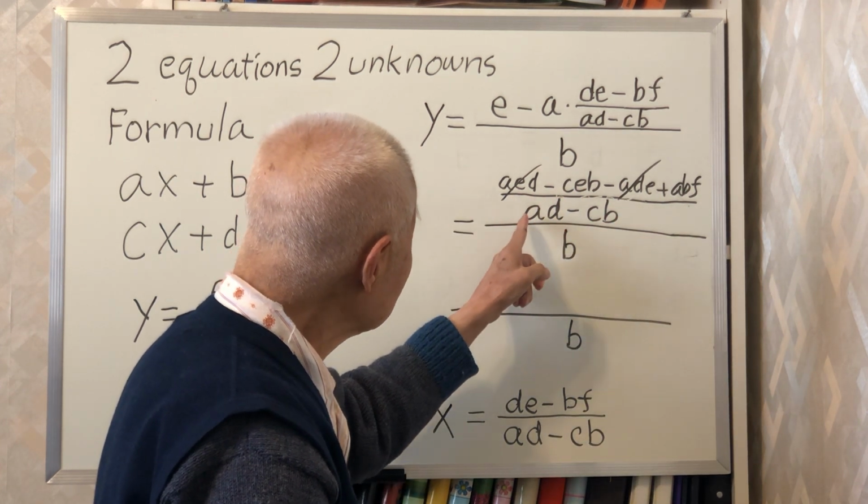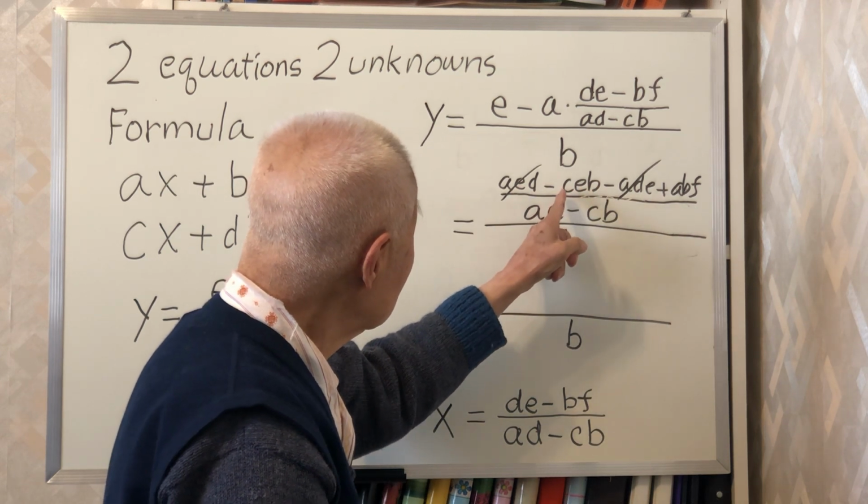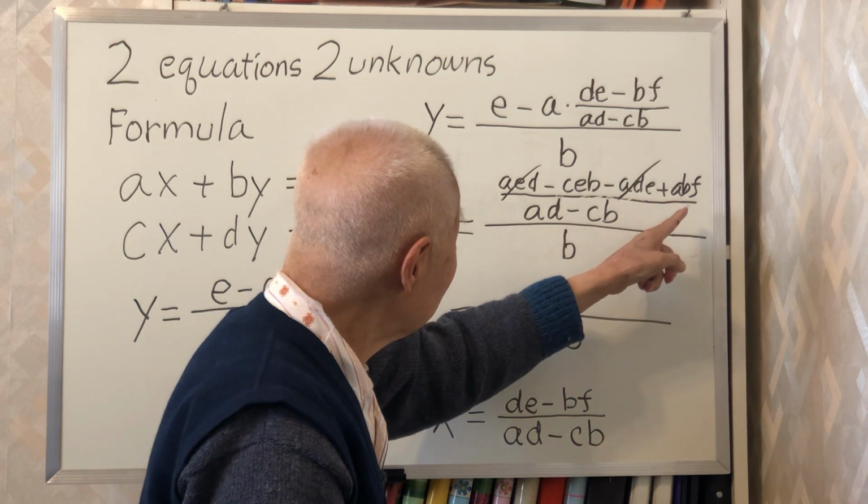So what I am left with, look at the numerator, minus CEB plus ABF.